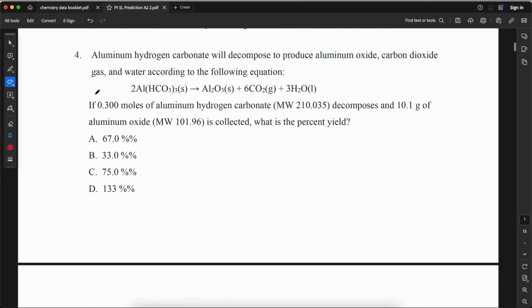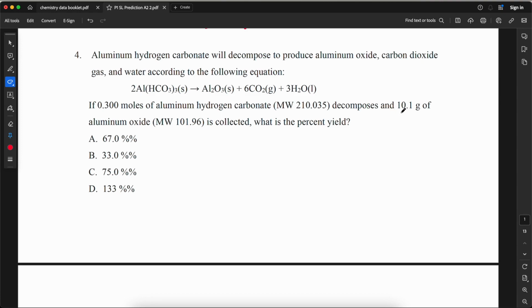Aluminum hydrogen carbonate will decompose to produce aluminum oxide, carbon dioxide gas, and water according to the following equation. If 0.3 moles of aluminum hydrogen carbonate decompose and 10.1 gram of aluminum oxide is collected, what is the percent yield? We need the experimental yield for aluminum oxide and the theoretical yield of aluminum oxide.